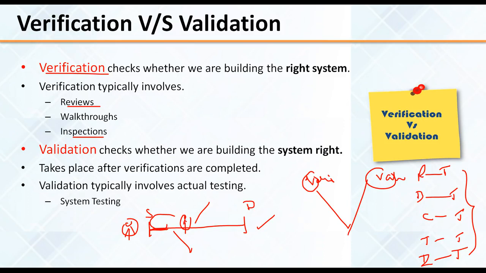And before traveling, whatever way I am going to travel, is that way correct or not? There is a lot of difference here. Before starting my travel, I need to verify whether the path I am going to travel is correct or not. That is verification. Once I travel and reach there, I again check whether the path I have traveled is correct or not. That is called validation.